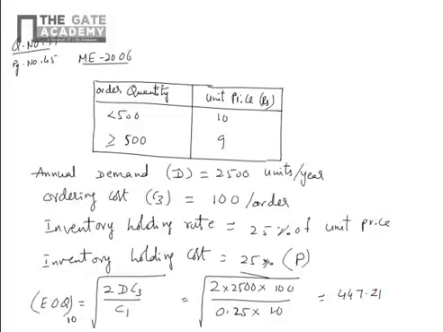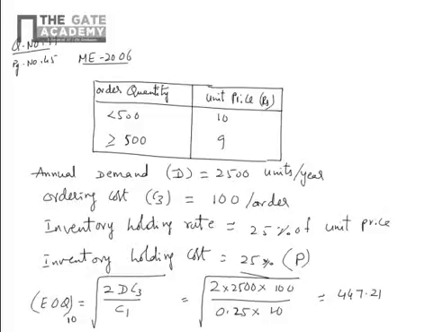That means your economic order quantity is less than 500, right? So case 2. It satisfies the condition. You can cross check that.